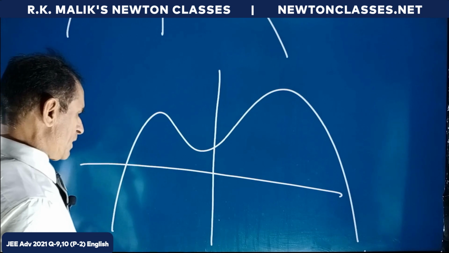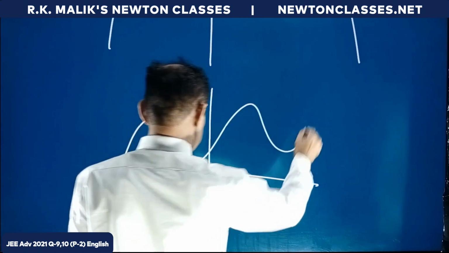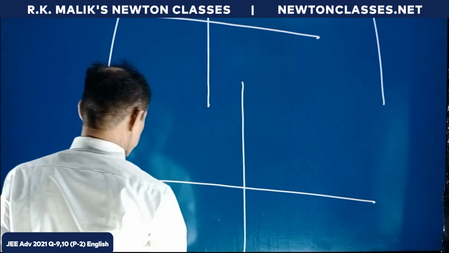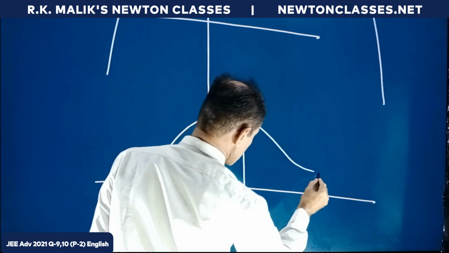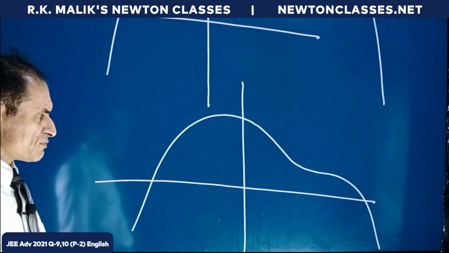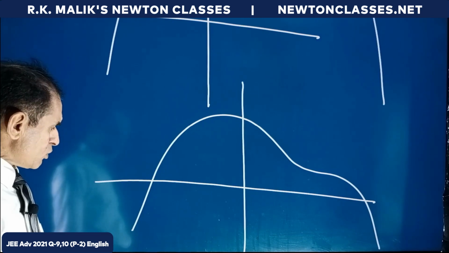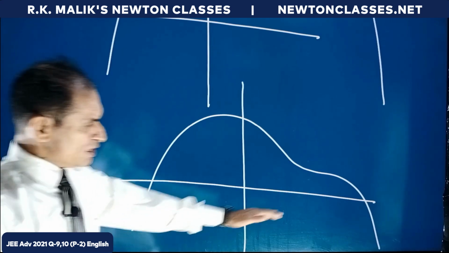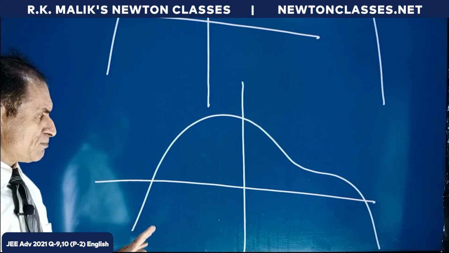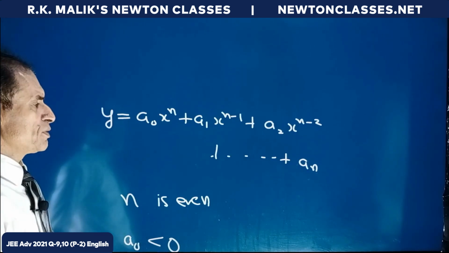Or the graph may be of this type, or this type. Actually, there are again so many possible graphs, but the common thing in all the graphs will be that the graph will come from below and finally go below whenever the degree is even and the coefficient of the maximum power of x, that is a0, is negative. This is to be taken care of.